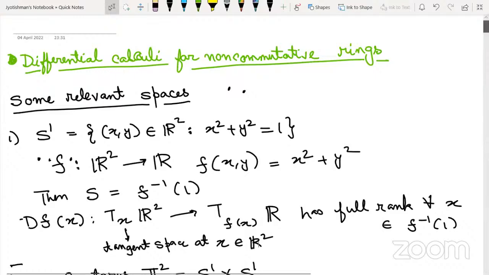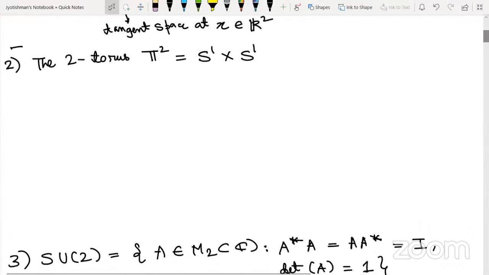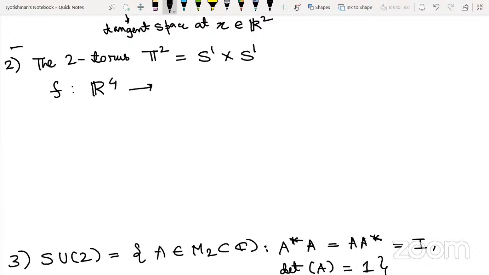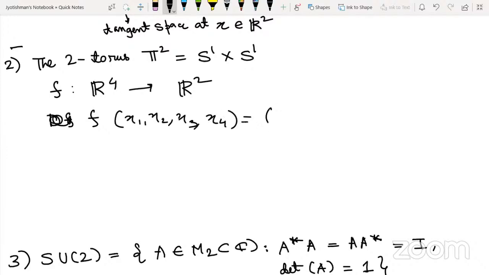The next one is a torus. Look at f from R4 to R2. So f(x1, x2, x3, x4) = (x1 squared plus x2 squared, x3 squared plus x4 squared).